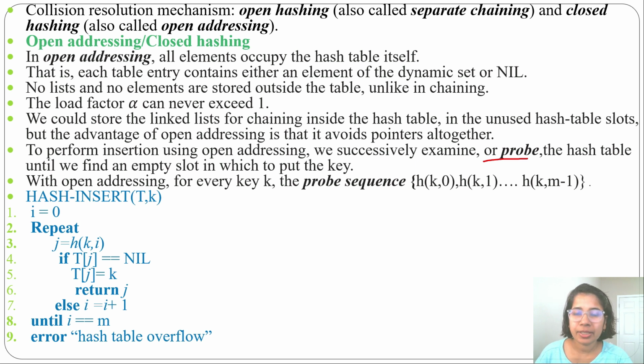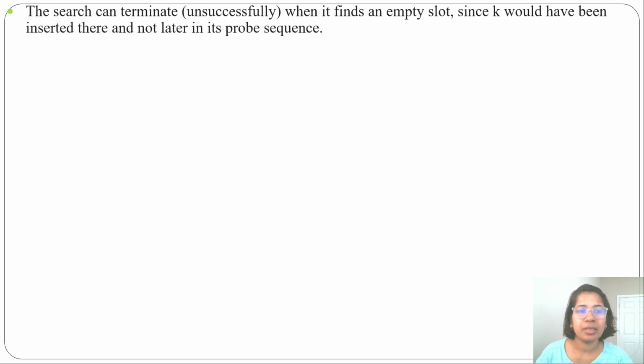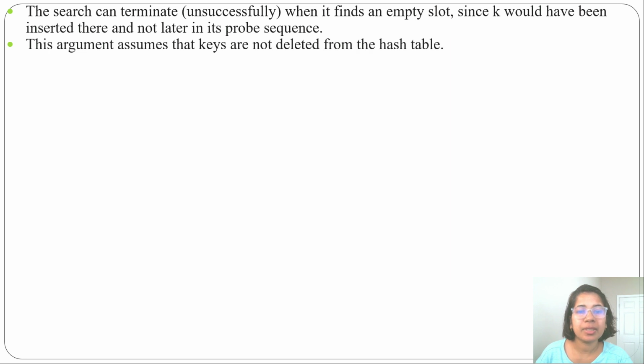It's all about insert. Next is searching. This search can terminate unsuccessfully when it finds an empty slot or the end of the table. This argument assumes that keys are not deleted from the hash table. Algorithm for searching: hash search T, k, where T is the table and k is the key that we are searching in the table. I equals 0.